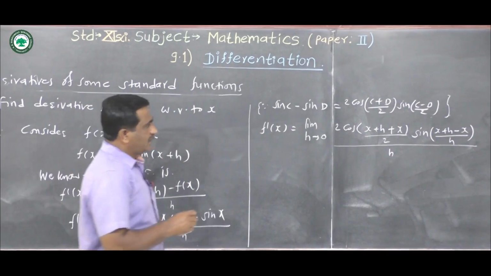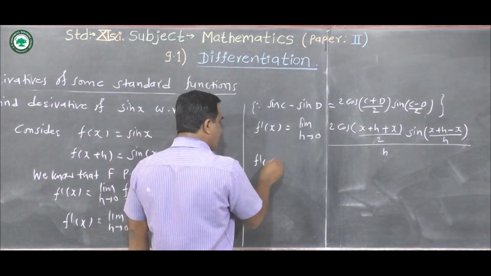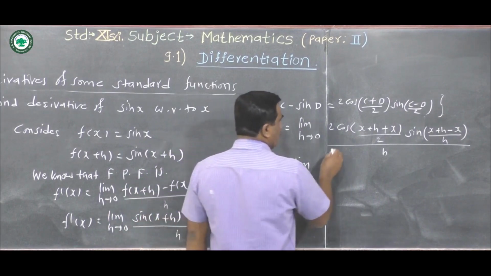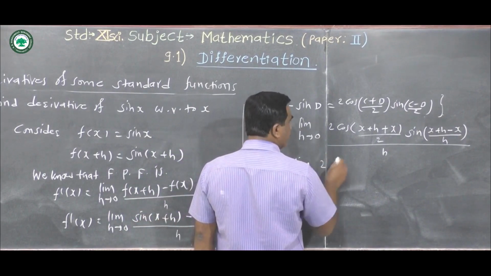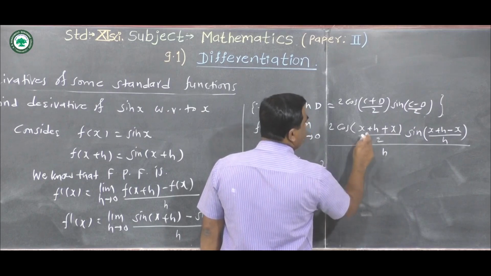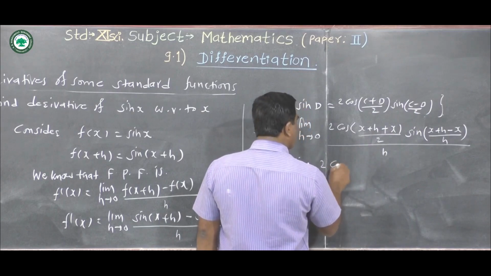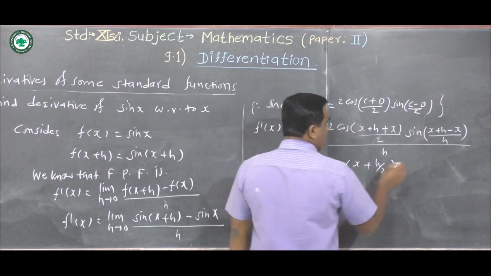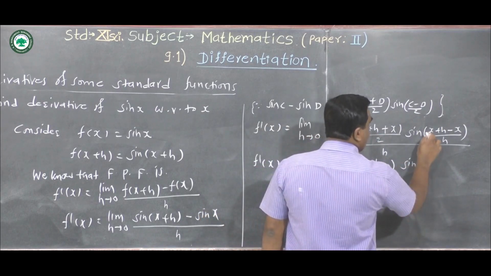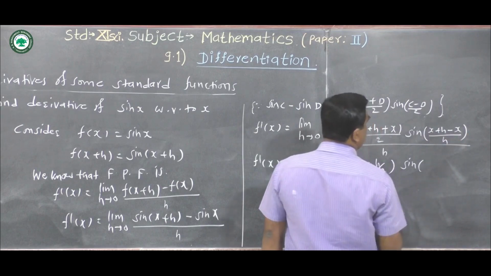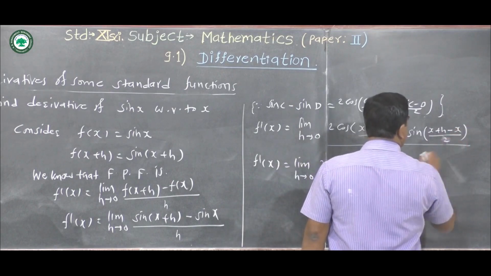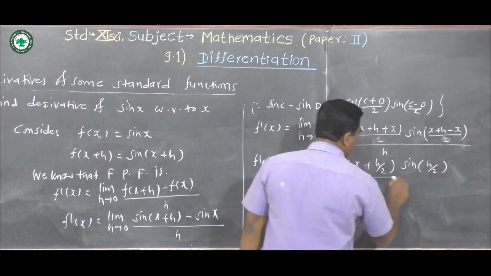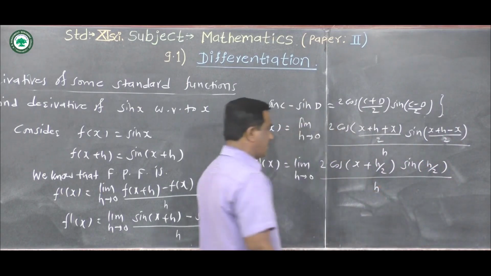Okay, that is, we can write further, f dash of x is equal to limit h tends to 0 2 into here x plus x 2x upon 2 only x cos of x plus h upon 2 into sin of x minus x cancel, here remains only h upon 2 divided by h as it is.